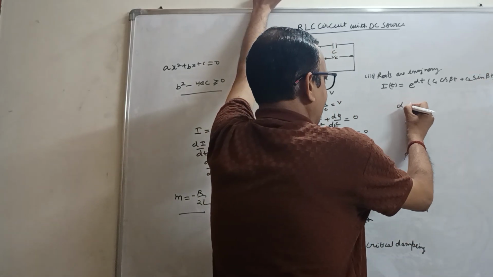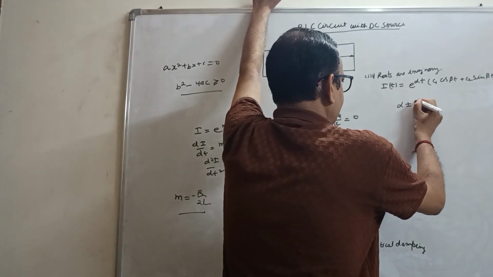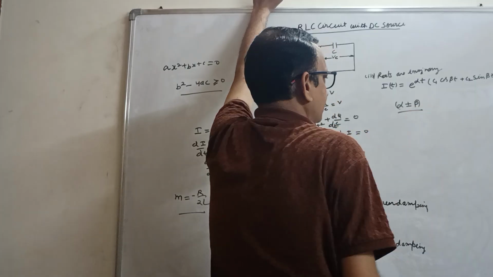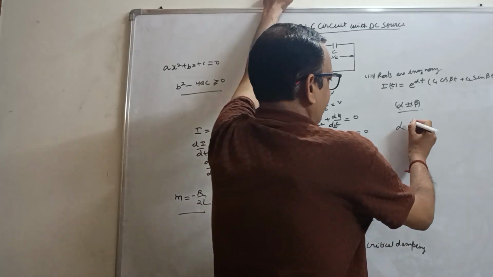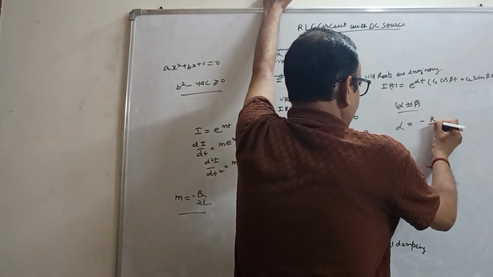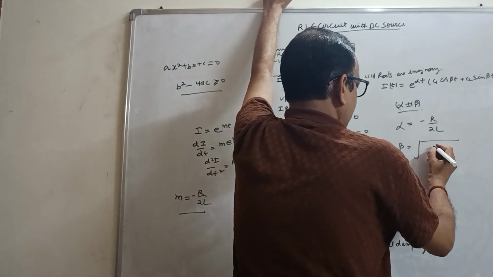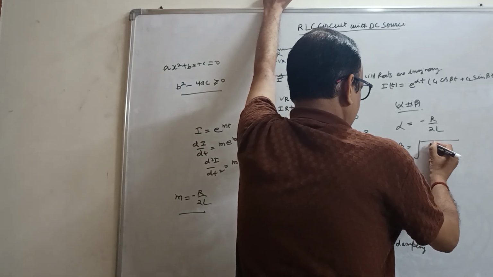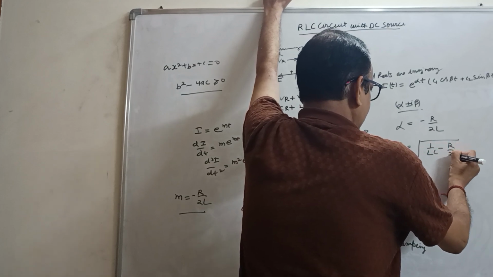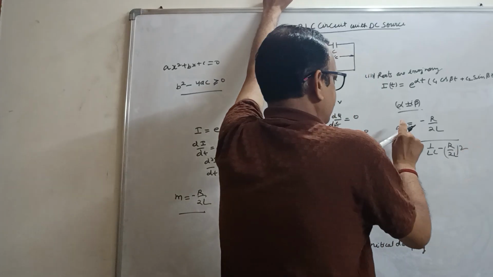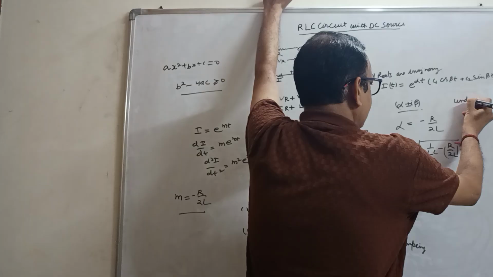Here alpha and beta come from the roots: alpha plus minus iota beta. Alpha would be minus R by 2L and beta would be under root 1 by LC minus (R by 2L) whole square. This is the condition of underdamping.